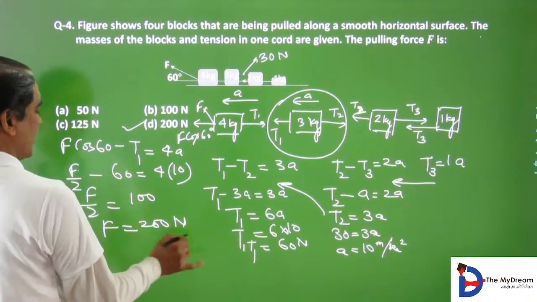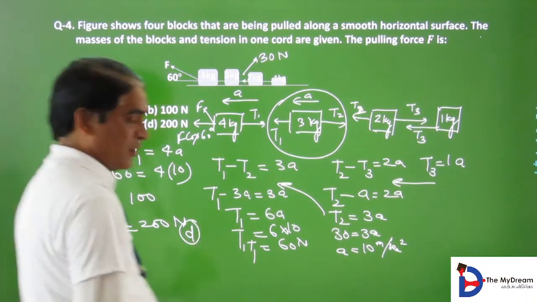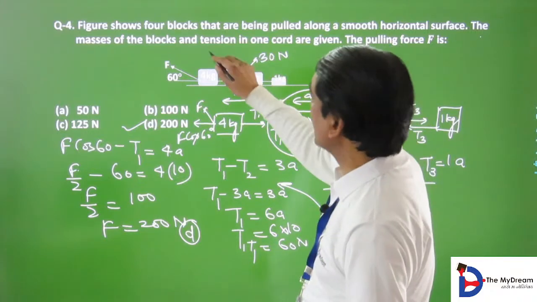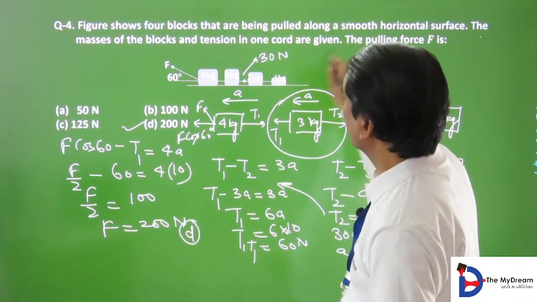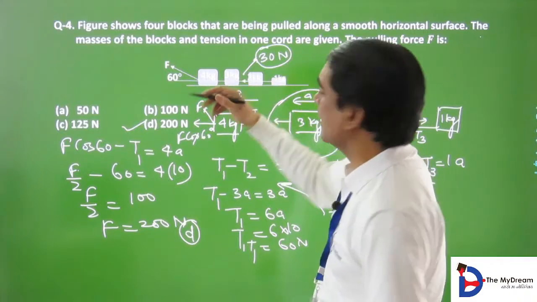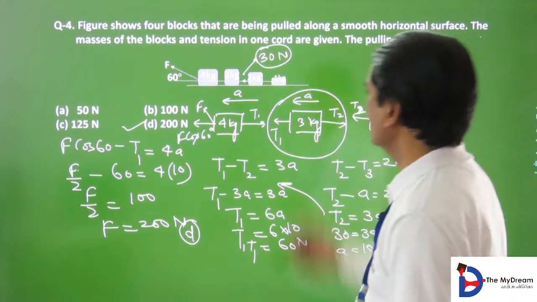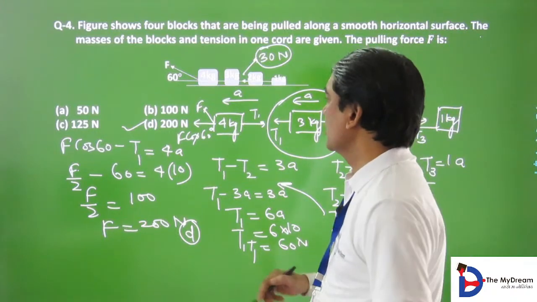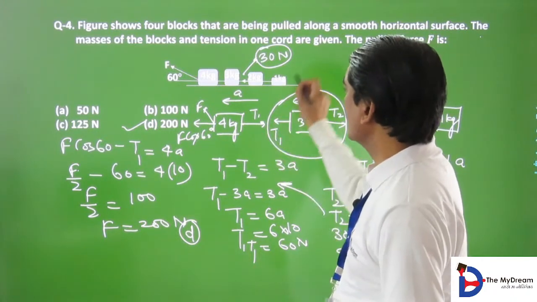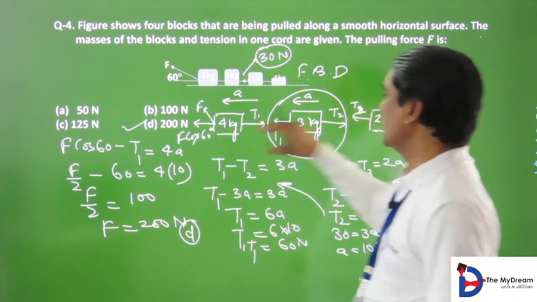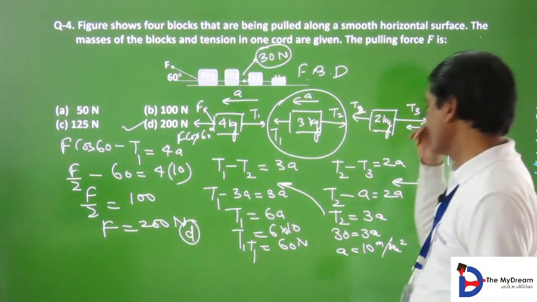This option is there. In this question, the tension in one cord is given. That is 30 Newton we have assumed. We assumed 30 Newton; you can assume 15 if you like. So first of all you can draw the free body diagram individually for 4 kg, 3 kg, 2 kg, 1 kg.